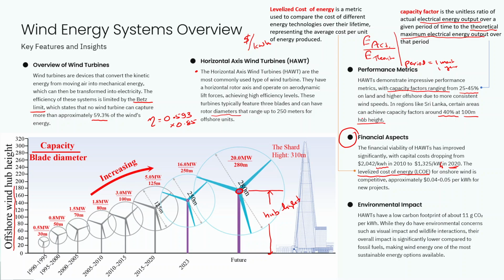If you look at the levelized cost of energy for onshore wind turbines, it is approximately $0.04 to $0.05 per kilowatt hour for very recent projects.